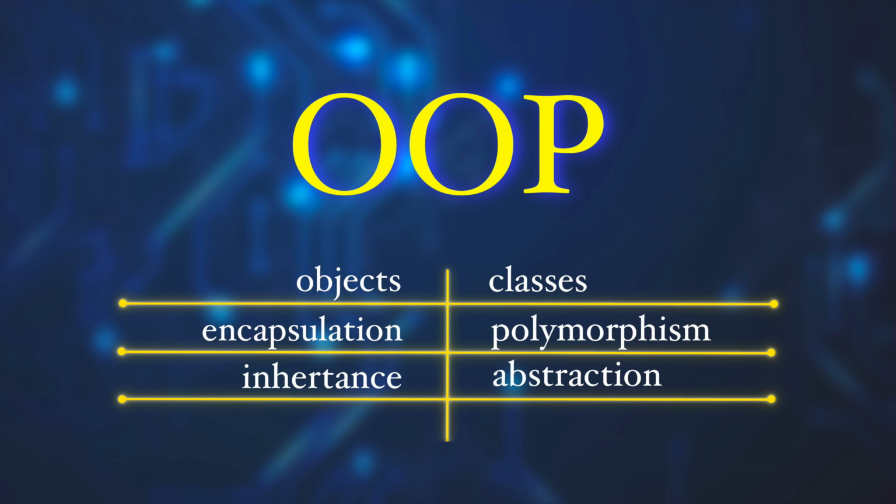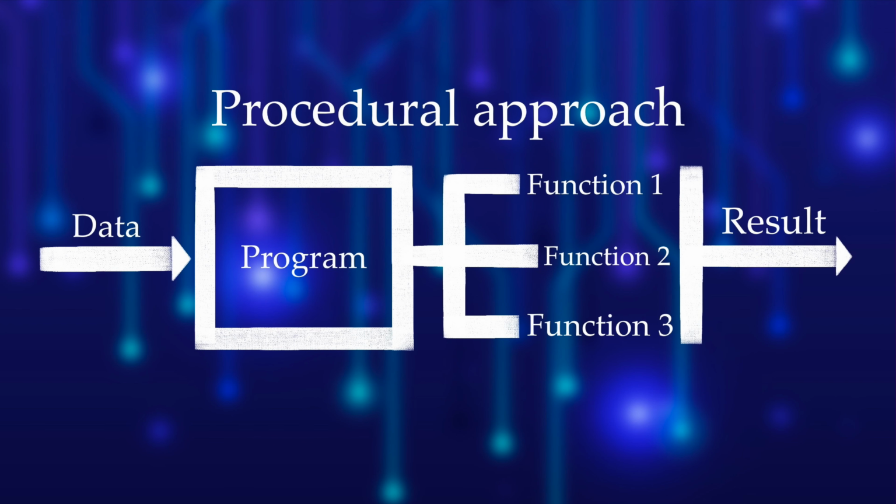So let's start. Before studying the object-oriented approach to programming, let's take a look at the procedural approach, from which everyone usually begins to study programming. The program is written in the procedural style, waits for some data to enter, performs a number of procedures, which are also called functions, and after that returns some kind of result, the result of calculations.